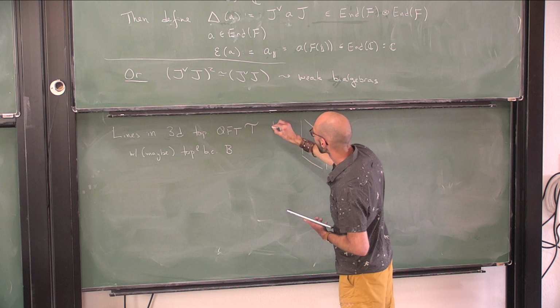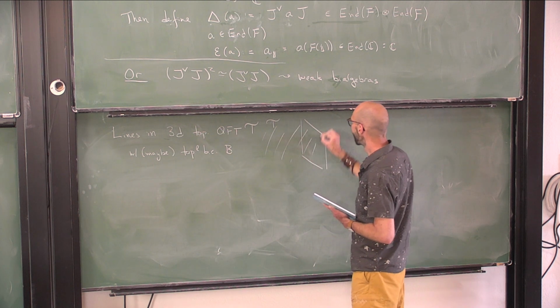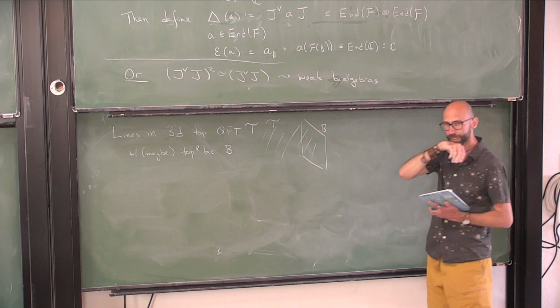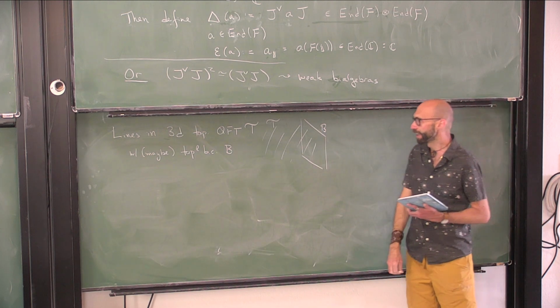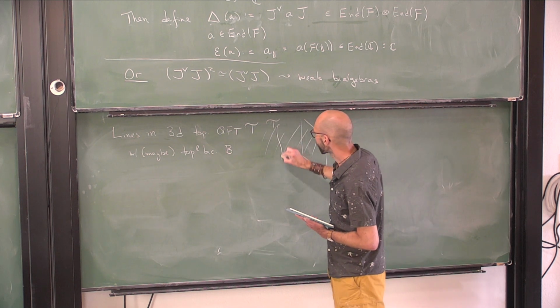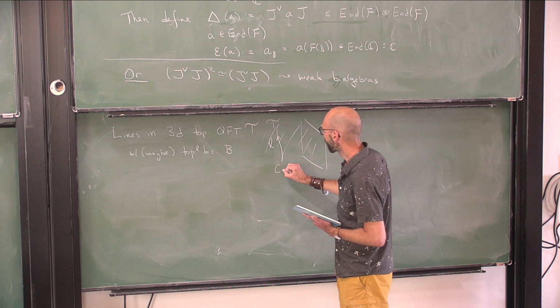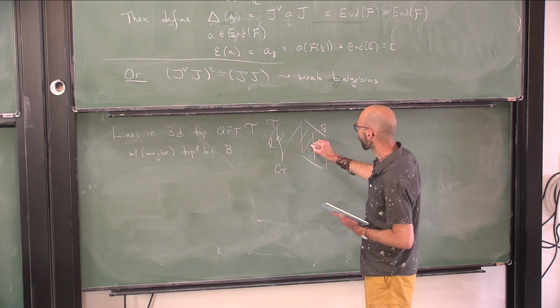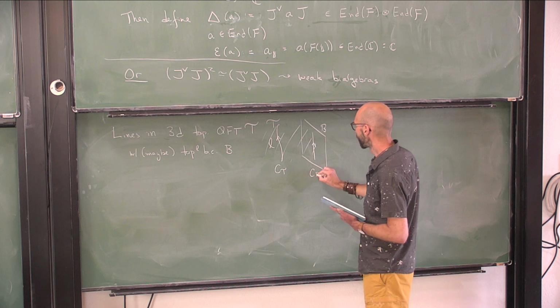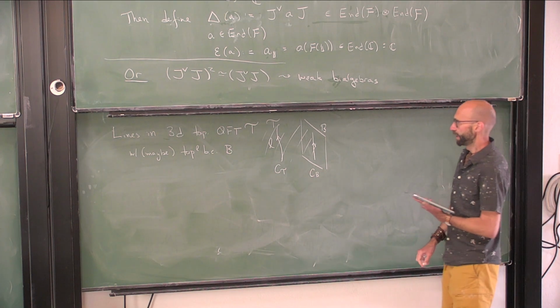So here we have our bulk theory T. And there might be a topological boundary condition B. And then there are 2 categories around. There's lines in the bulk, we call CT, and there's lines on the boundary, CB.